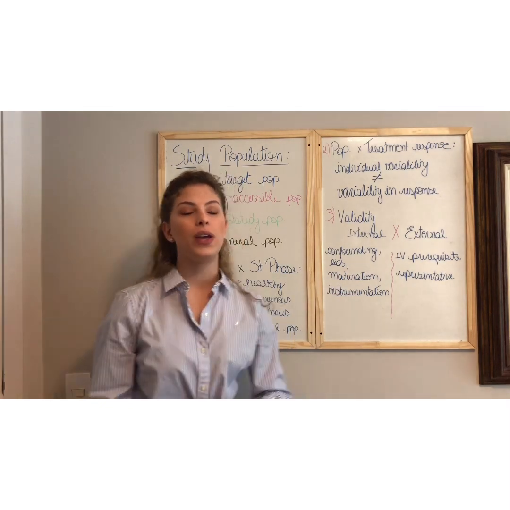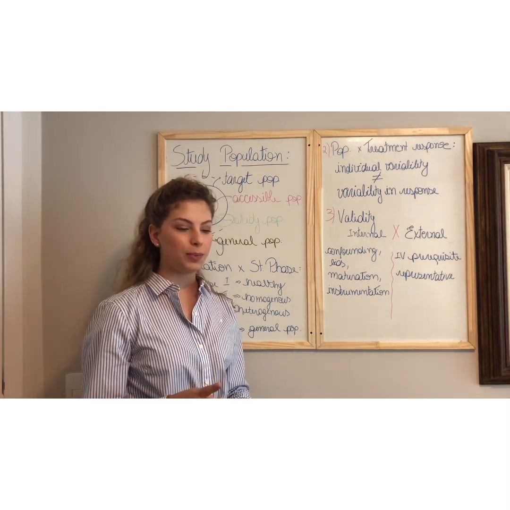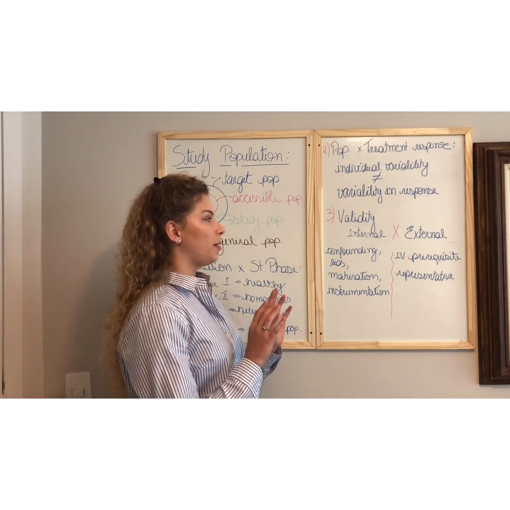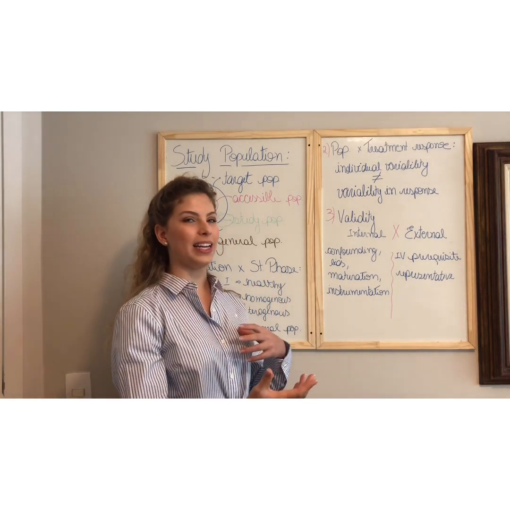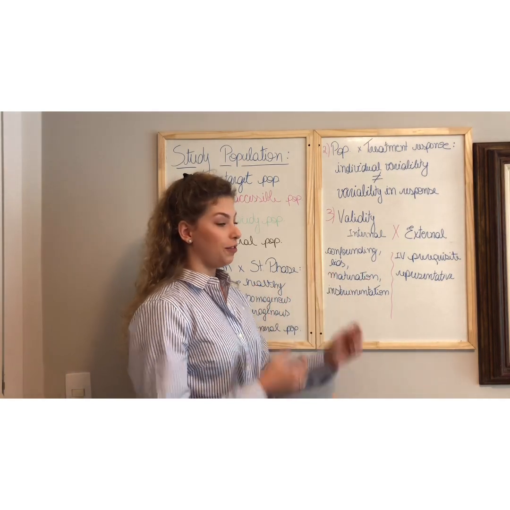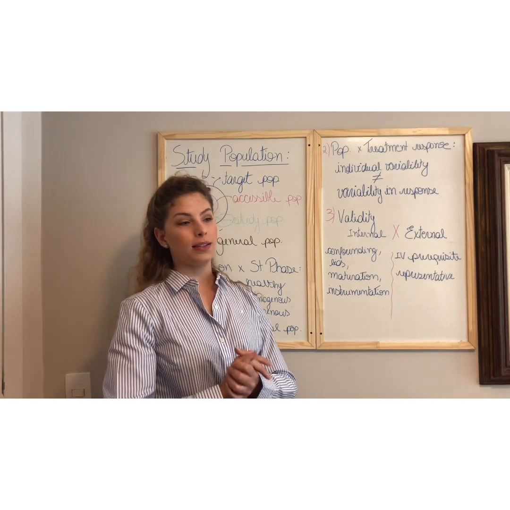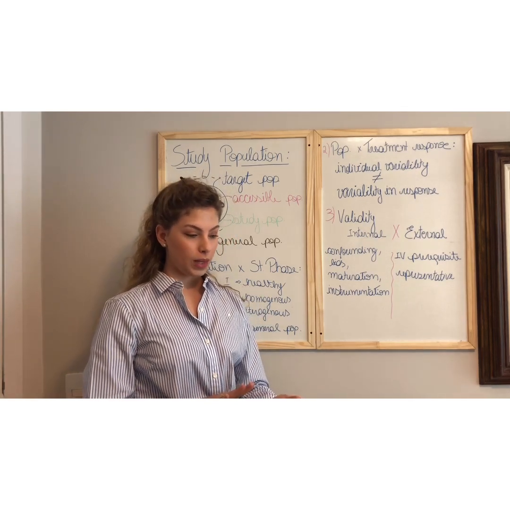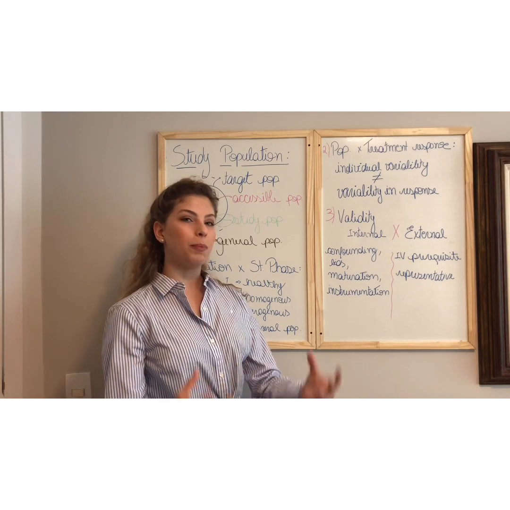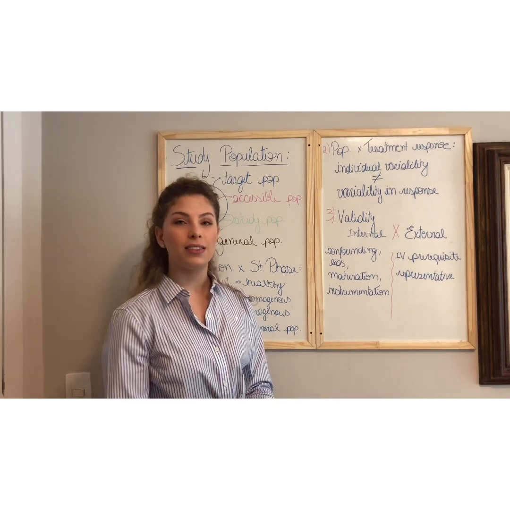Bias, guys. We have mainly two types of biases that can be correlated to internal validity. First, we have sample bias. Sample bias is a study population that does not represent the target population.